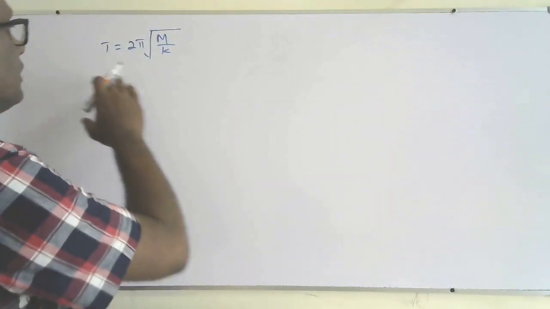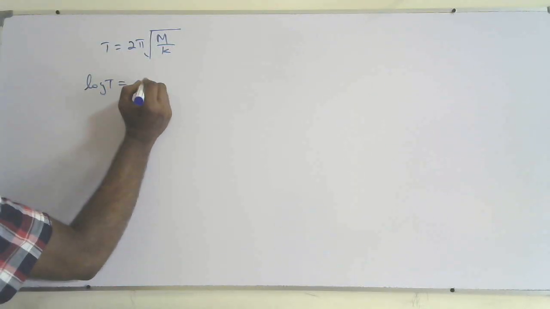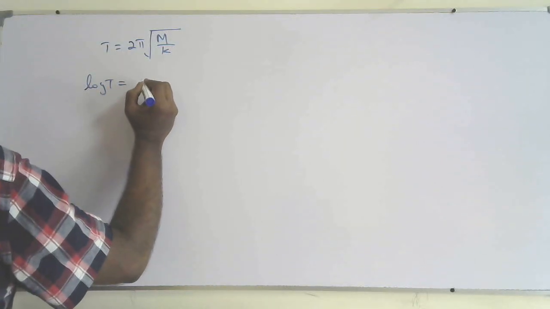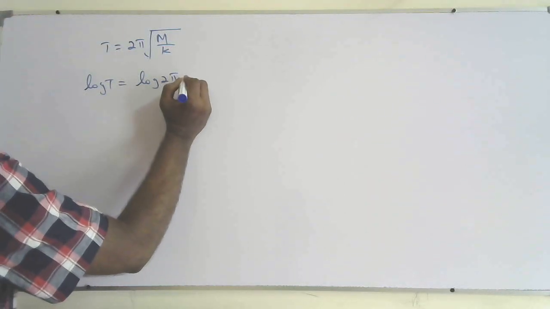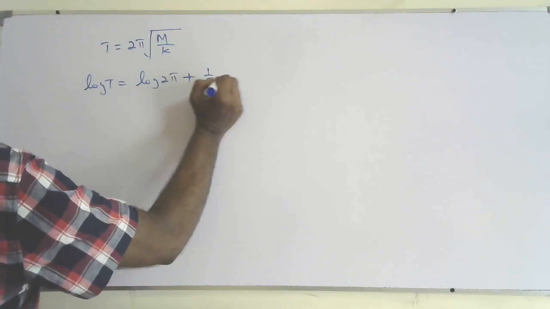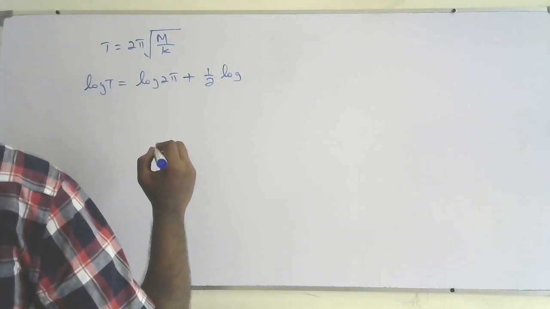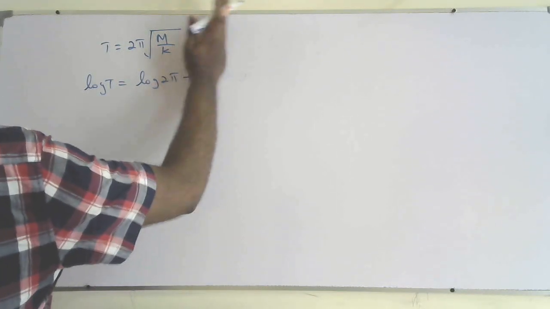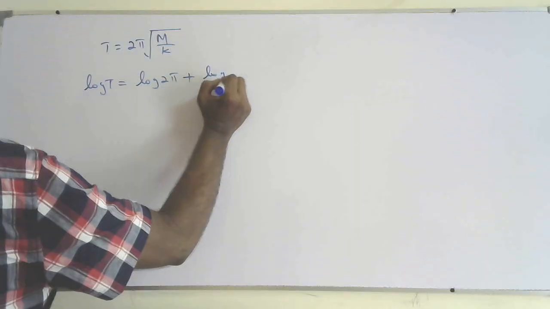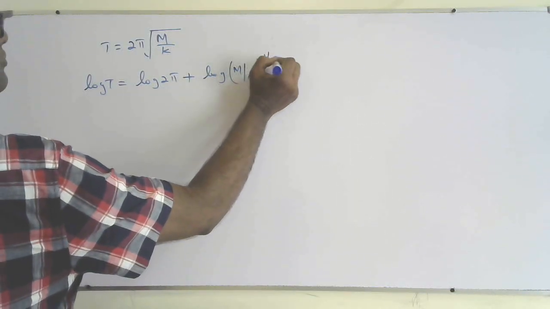Now you plot log t against log m. We will take log of this equation. So log t is equal to, when you take logarithm, log 2 pi times log of m over k to the power of half.